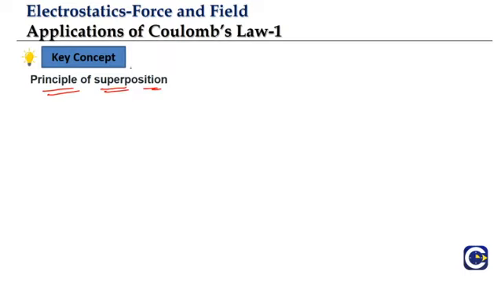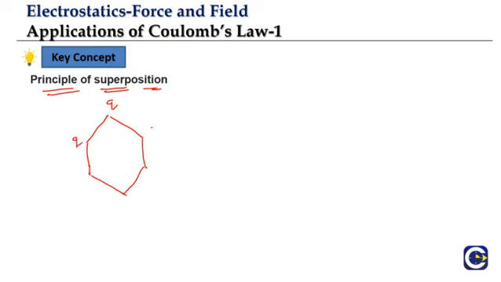So here we will use the concept of what we call the principle of superposition. So what is this principle of superposition? Let us say, for example, we have the case of a regular hexagon.